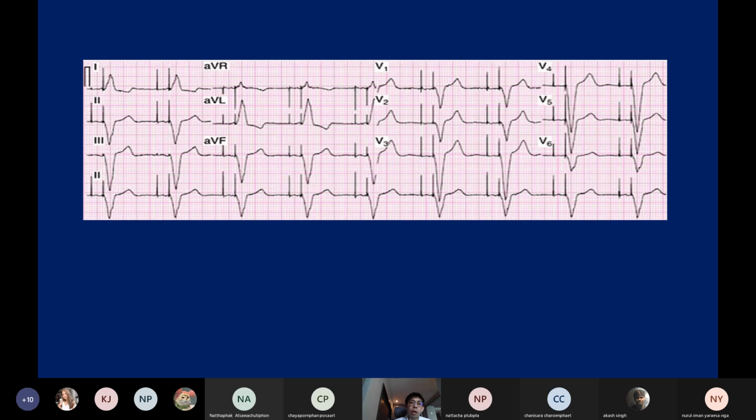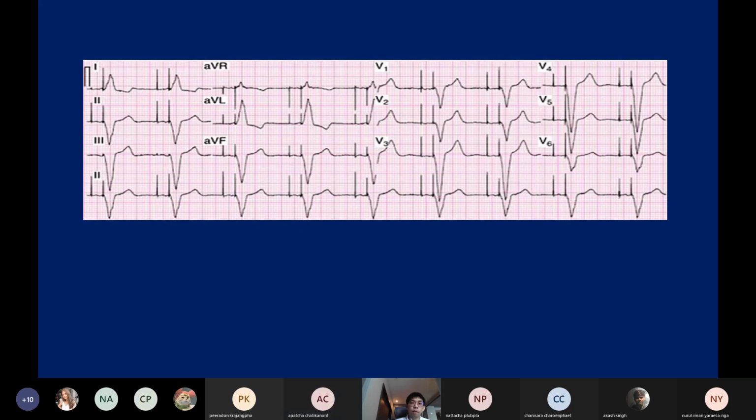Which chamber is this pacemaker pacing? Dual chamber. Okay, it's dual chamber.